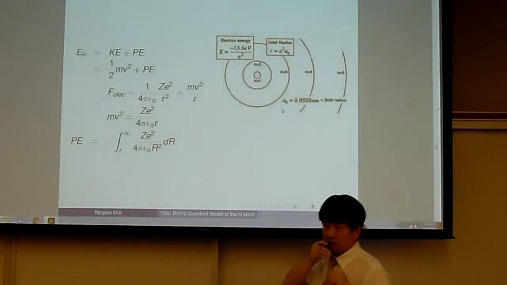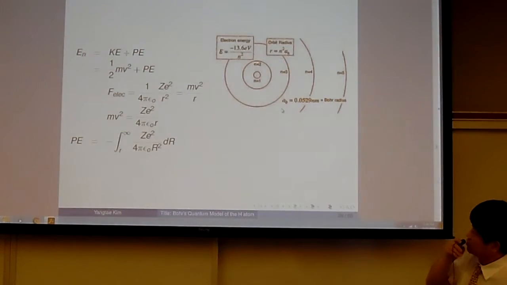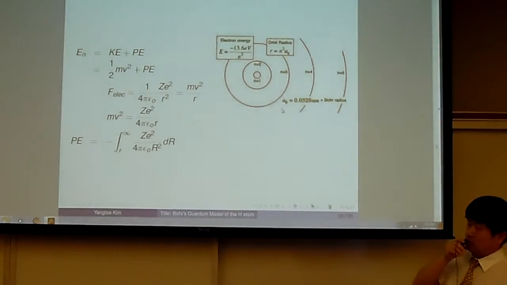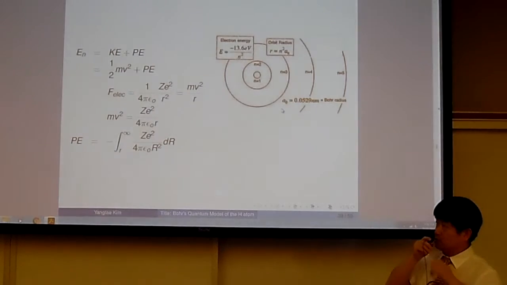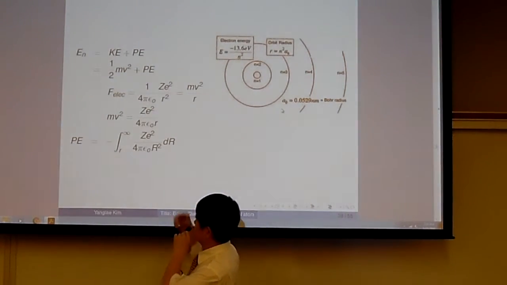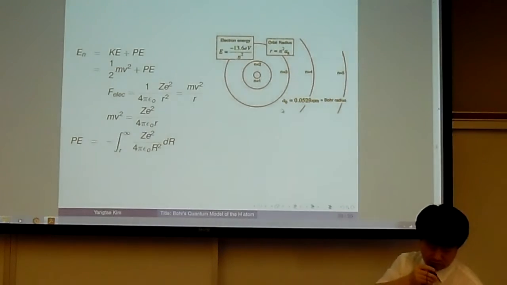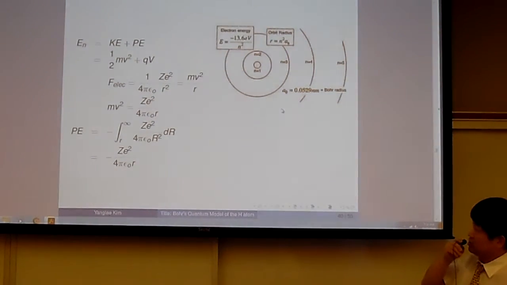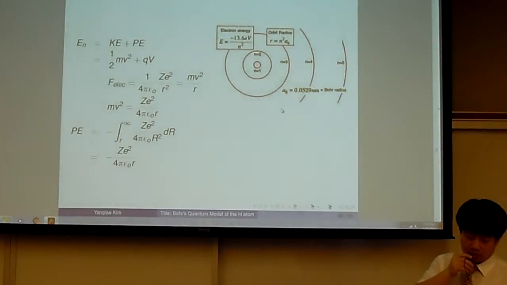This is what we learned the last time, the last class. It's Ze square over 4 pi epsilon naught R squared, and integration with respect to R. If we do this integration, we have a negative Ze square over 4 pi epsilon naught R.